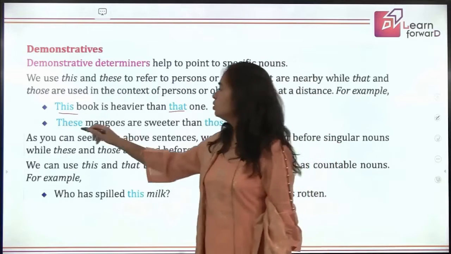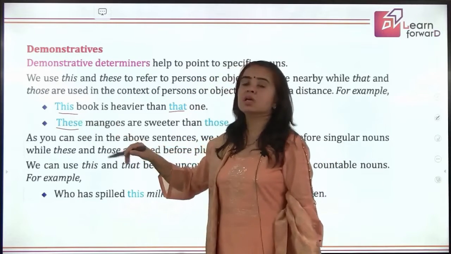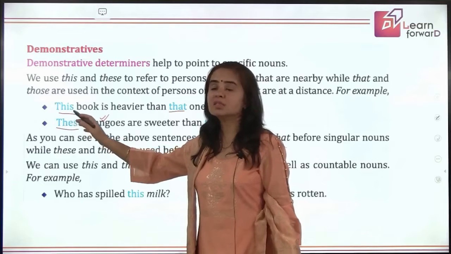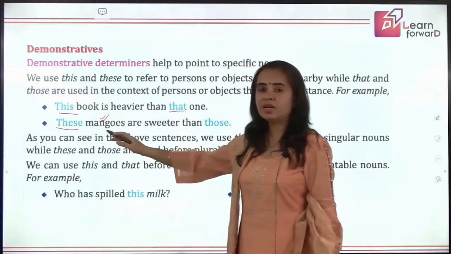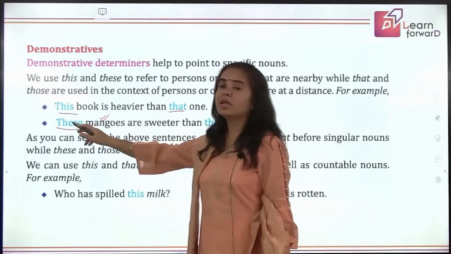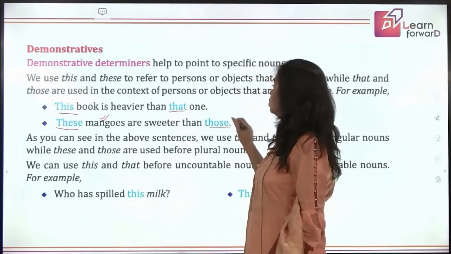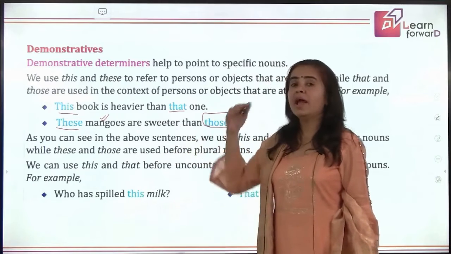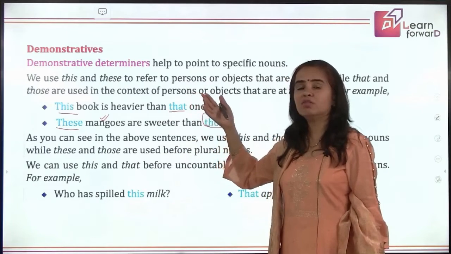Now here what do you see, children? These mangoes, here after this we are using the noun. So this is the determiner. This is the demonstrative word here, but the determiner is this, not this. Those. This will not be the determiner because it is not followed by a noun. And remember what we have learned in the definition of determiners.